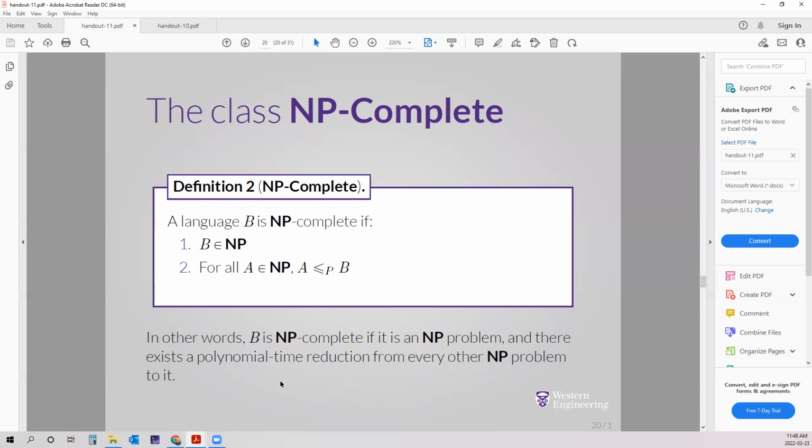It's if and only if, so both conditions should be satisfied. That's the meaning of if and only if. So it should be correct from both directions. Clear?